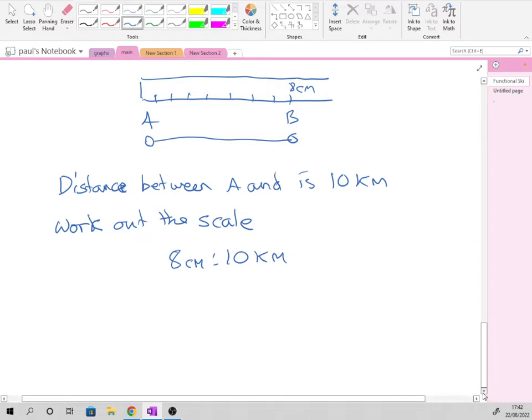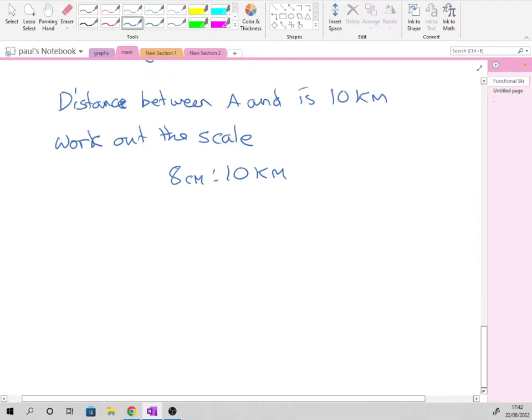Now this is where it gets tricky, because you might see a scale where you don't have centimeters and kilometers together. So what we need to do is change the kilometers into centimeters so that they match. When both sides match, then we can lose the units.